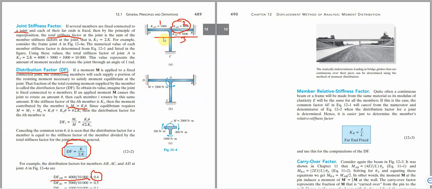Likewise, if you want to consider A to C, the one member we'll be using is K_AC, and that will be 5,000 divided by 10,000. And likewise, if we are considering A to D, it will be 1,000 divided by 10,000. I believe that is clear enough. So let's go to the next point.